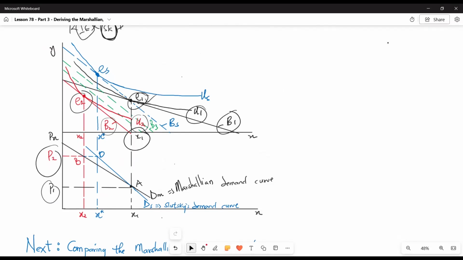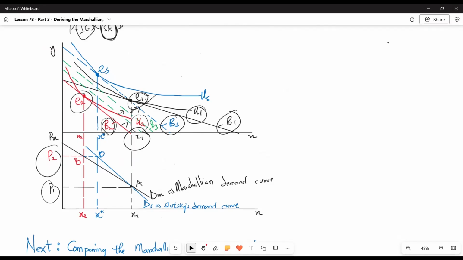So this is also the substitution effect, but it is using Slutsky's method. We do this by drawing an imaginary line that is parallel to the new budget line B2. So we compensate the consumer with enough income, it moves them to this green line, and if it's not enough for them to afford the same bundle, we compensate them with even more income, and even more, until we arrive on the budget line that cuts across the original bundle E1.